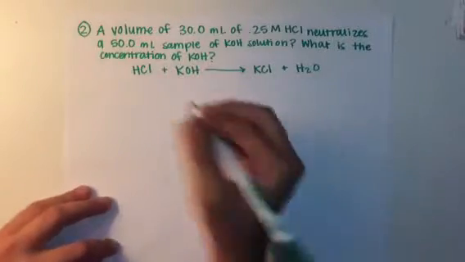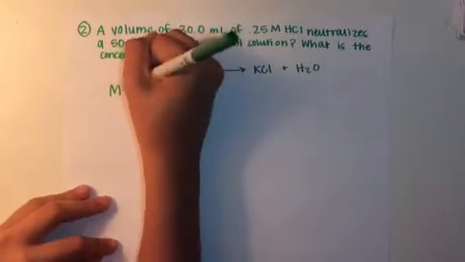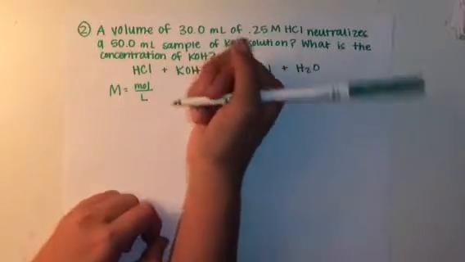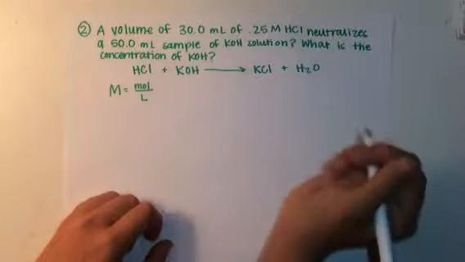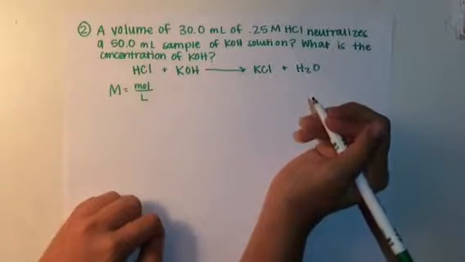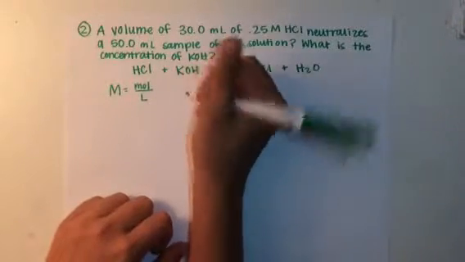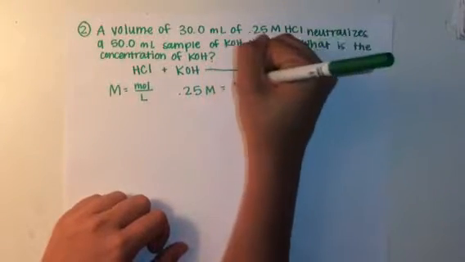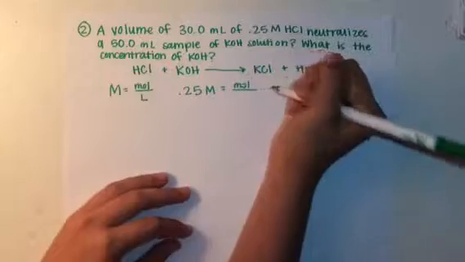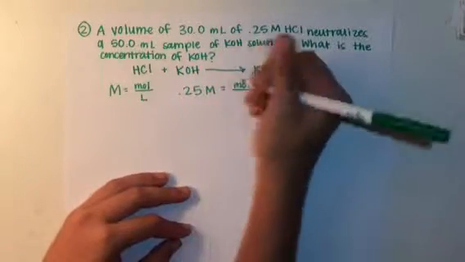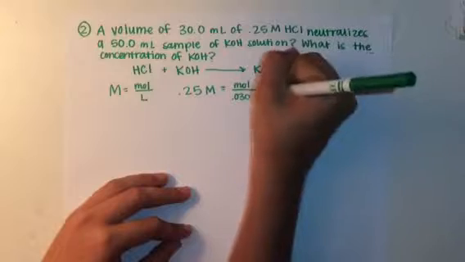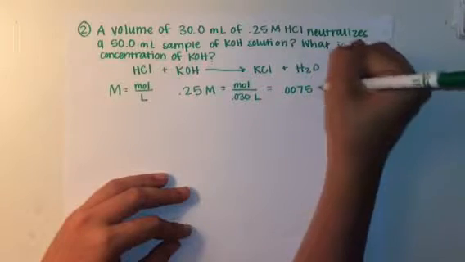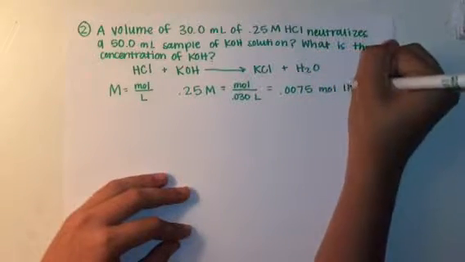Next we use the equation again: molarity equals moles over liters. We use HCl because that's what we have the information for; we have its molarity and its volume. So 0.25 molarity equals moles over 0.030 liters, after converting to liters, and that equals 0.0075 moles of HCl.